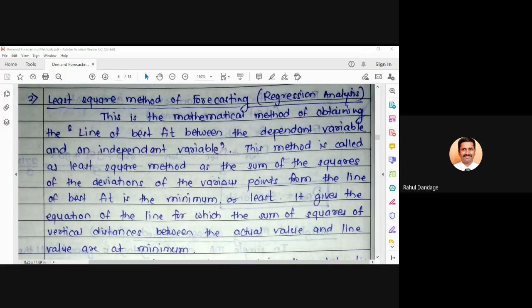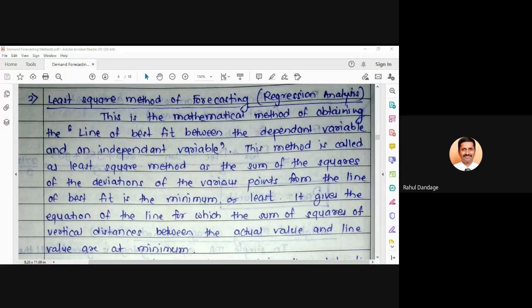So this is a mathematical model for obtaining the line of best fit between the dependent variable and an independent variable. This method is called the least square method, as the sum of the squares of the deviations of the various points from the line of best fit is the minimum, or it is least.